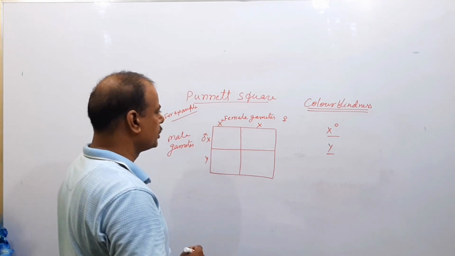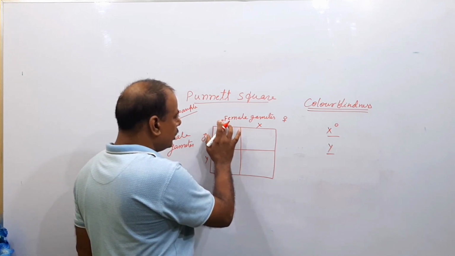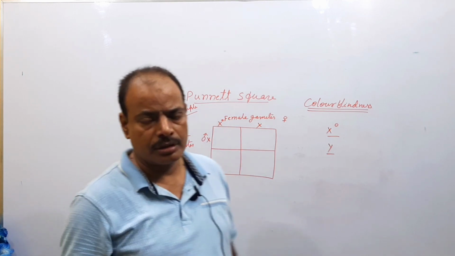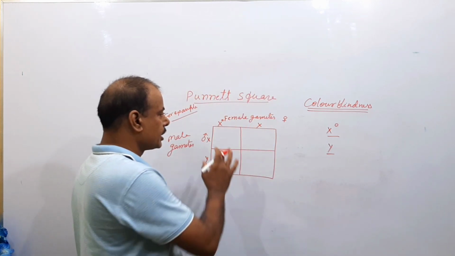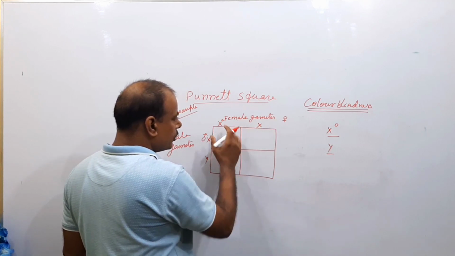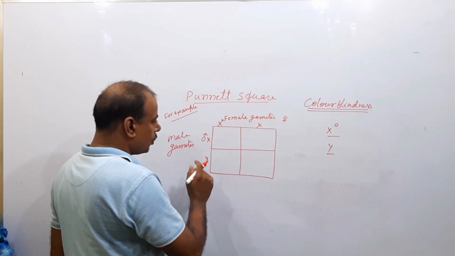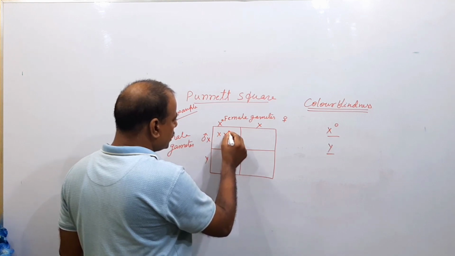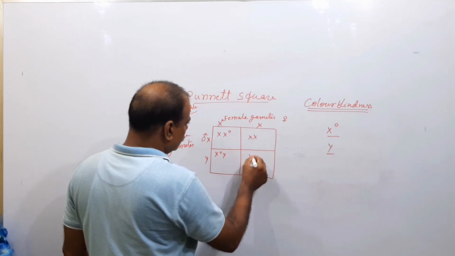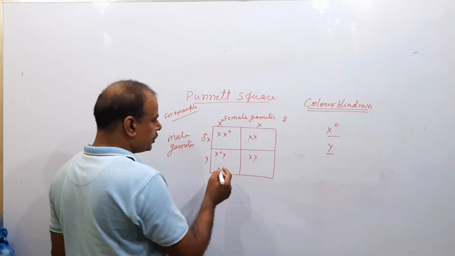So here we are writing an example. Here these are the female gametes. If the female is a carrier, then she may have the gene located on the X chromosome for color blindness. So X with the gene and X, these are the two gametes which are known as female gametes, and here we have written X and Y, which are the normal male gametes. Now after making a cross between these, four different types of zygotes appear in the first generation.